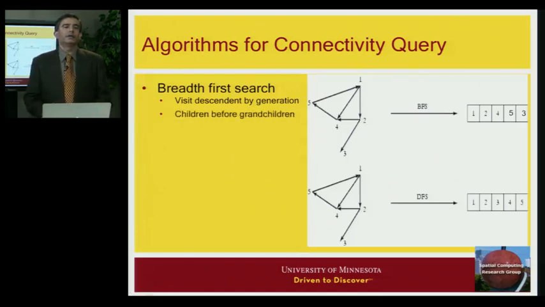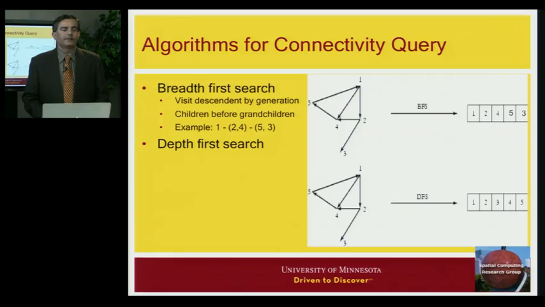Once we have reached nodes 2 and 4, then we visit the next set of nodes which are reachable within 2 edges. So from node 2 we can reach node 3, and from 4 we can reach node 5. So essentially your traversal goes by level, starting with 1. We first go to 2, 4 and then 3, 5. The order within a level is not really dictated. You can visit them in any order.